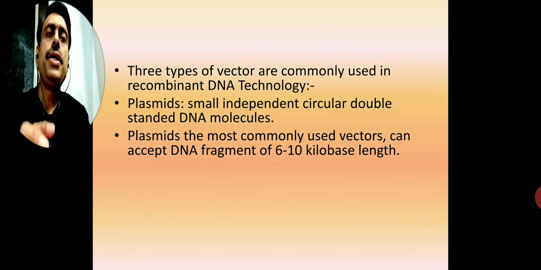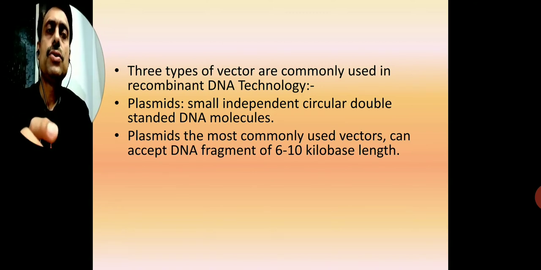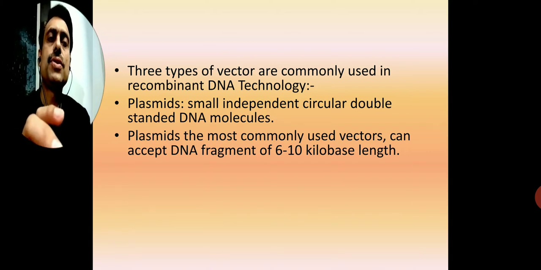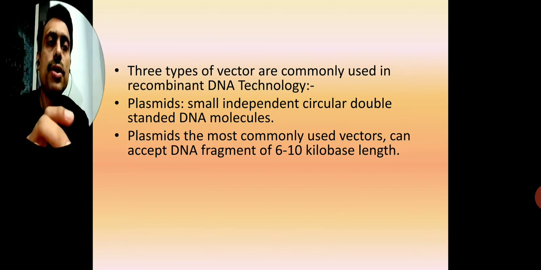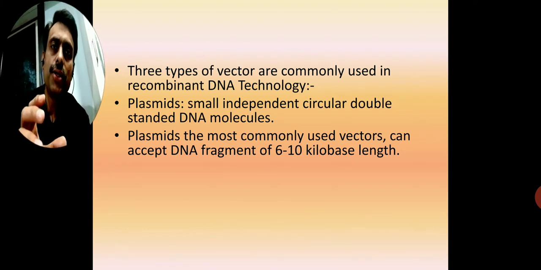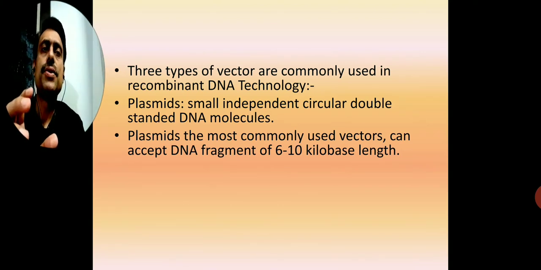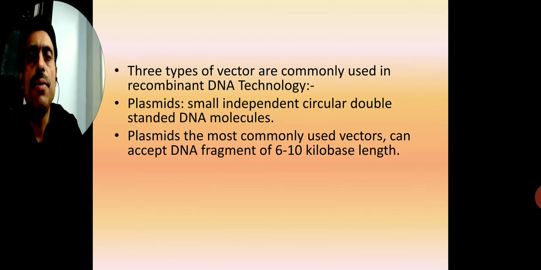Three types of vectors are commonly used in recombinant DNA technology: plasmids, cosmids and bacteriophages. So what are plasmids? They are small, independent, circular, double-stranded DNA molecules.